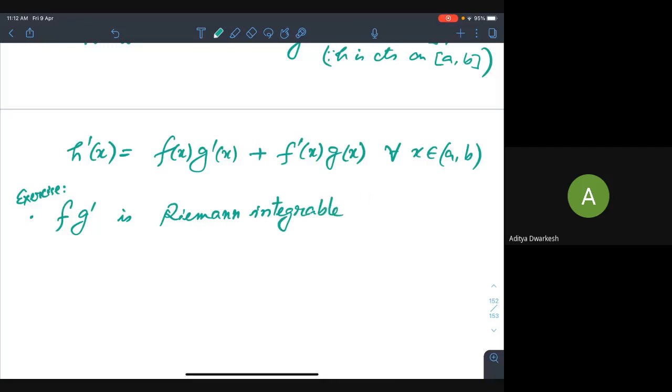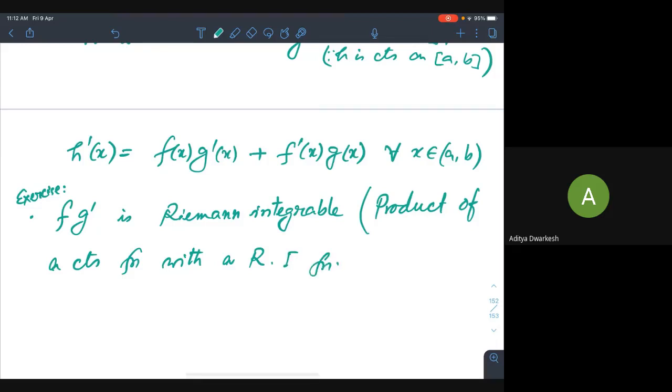So in general, the product of a continuous function with a Riemann integrable function is Riemann integrable.